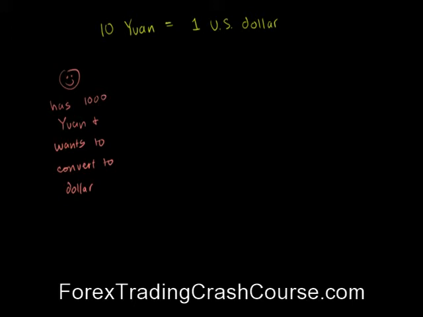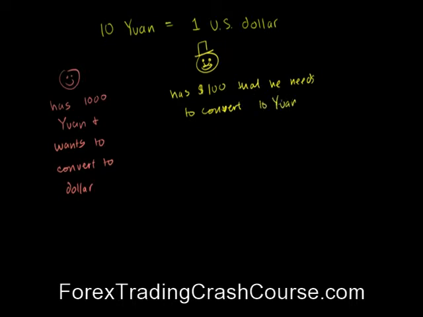But let's say you have two other actors over here. And obviously these markets involve many, many more than just 3 people, but this will help us simplify or at least understand how these exchange rates would work. Let's say that this person right over there, with the mustache, and maybe a hat as well, has $100 that he needs to convert to yuan.